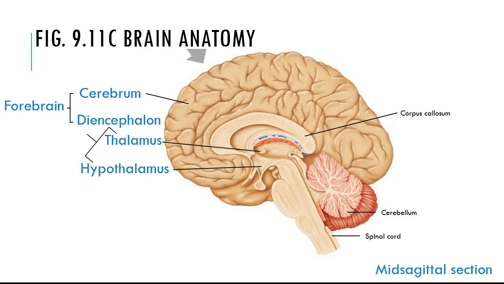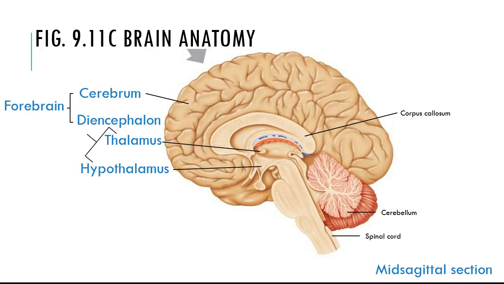Other structures which fall into the diencephalon would be the area above the thalamus called the epithalamus, including the pineal gland. And this is really just looking at a tiny little cross section of the brain. It's evading me right now, but I think technically you could say that the corpus callosum is in the diencephalon. Good question.